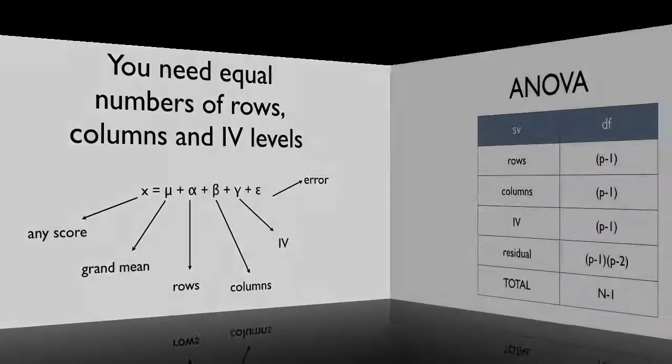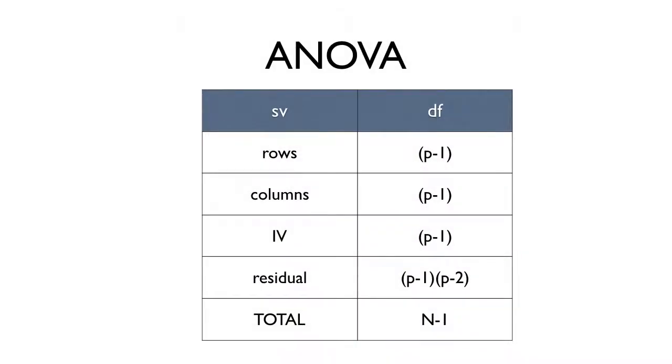Okay? So the analysis of variance looks like this. Rows, columns, independent variable, residual. P is the number of rows, number of columns, number of levels of the independent variable. So you have P minus 1 for rows, P minus 1 for columns, P minus 1 for independent variable, and the residual.